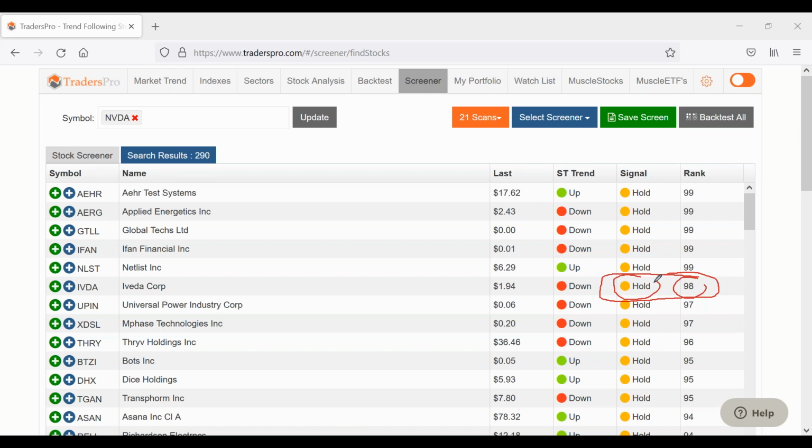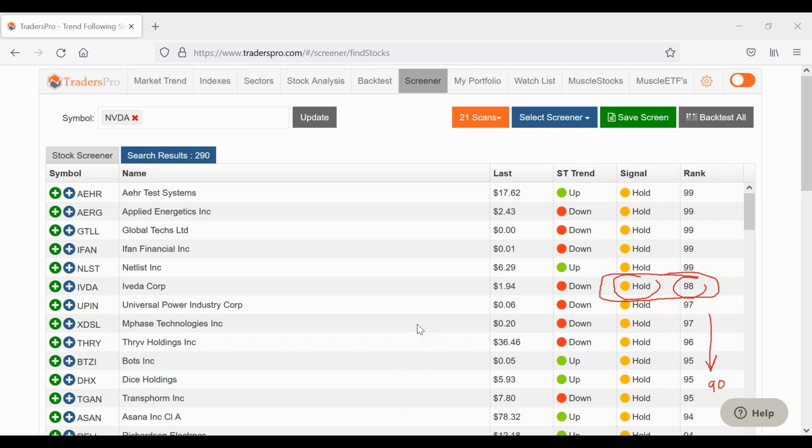But there are times when I don't find anything in that 98 strength rank hold, and I'll go down the strength rank list a little bit. I don't like to go down below 90, but it depends too, because there are some sectors where they don't have high strength rank stocks.